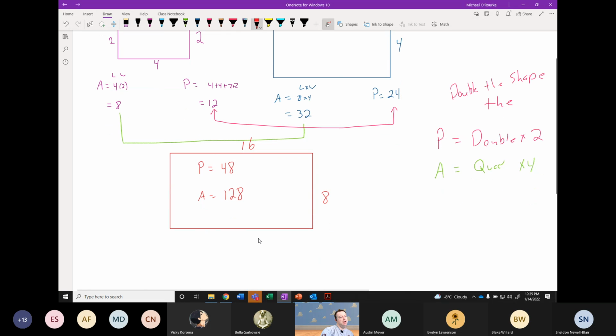So what is our actual perimeter and area of that? Was our prediction correct, or was our prediction off a little bit?